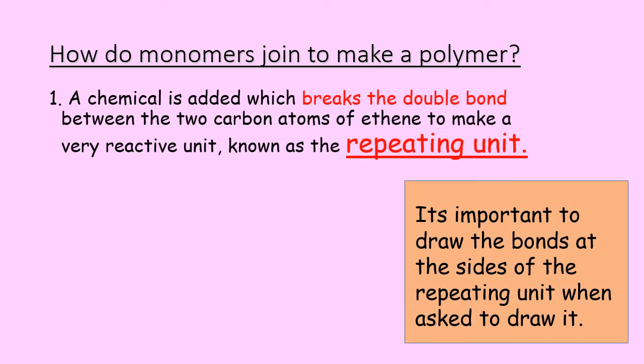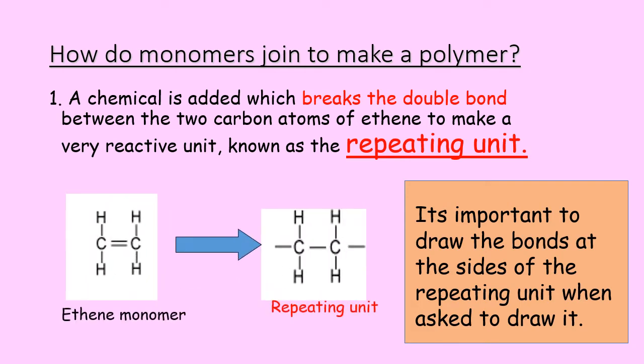So how do we show this happening? Well, the chemical is added which breaks the double bond between the two carbon atoms to make a very reactive unit known as our repeating unit, or our monomer. So it's always important to draw bonds to the sides of the repeating unit if you're asked to draw it.